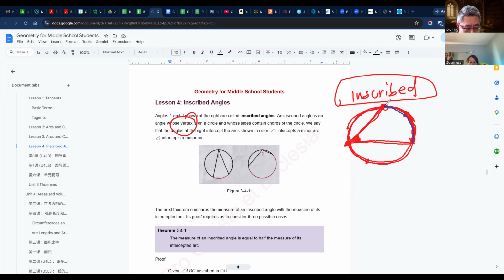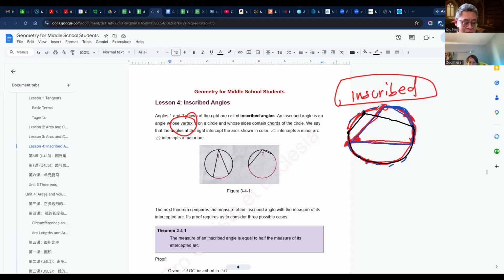Now we could have an arc which is called a minor arc because it is less than 180. The other side is called the major arc. When we're talking about an inscribed angle, it is basically what these two sides point to. We cut this arc, and it could have an inscribed angle like this, facing the major arc.